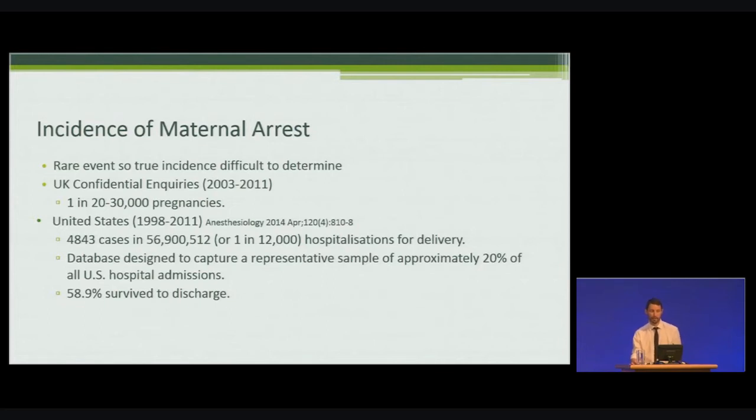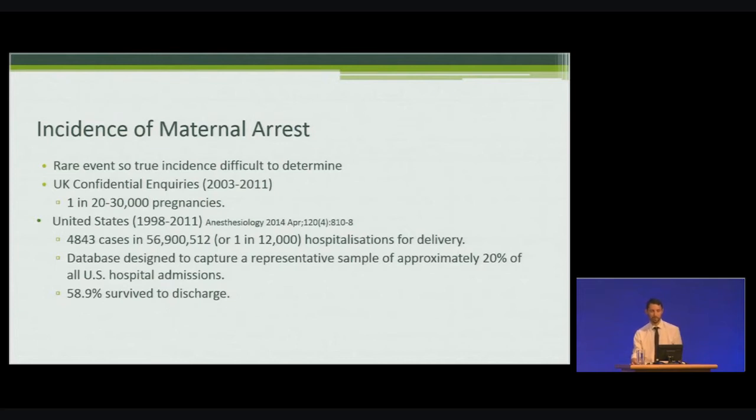More recent data from the United States, which covers the years 1998 to 2011, published in Anesthesiology earlier this year, gives a ratio of approximately 1 in 12,000 per hospitalizations for delivery. So it's a slightly different denominator compared to the UK data.